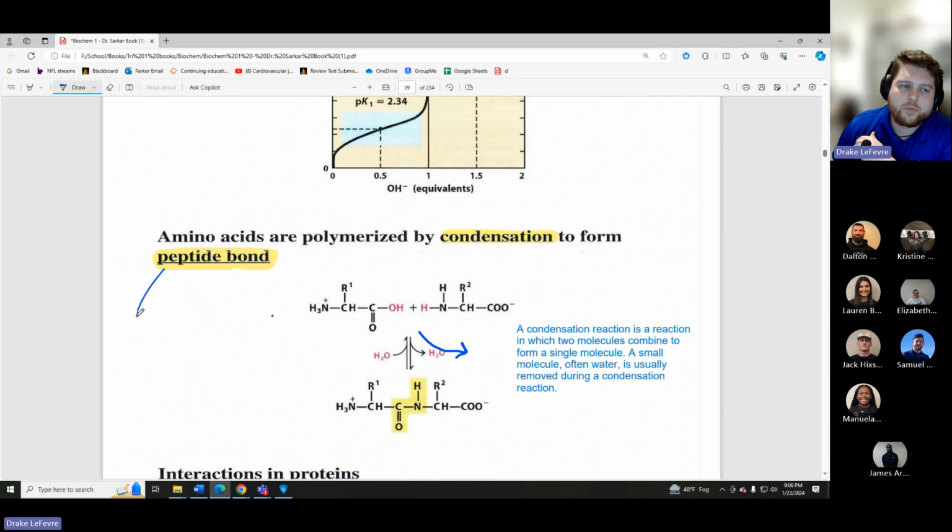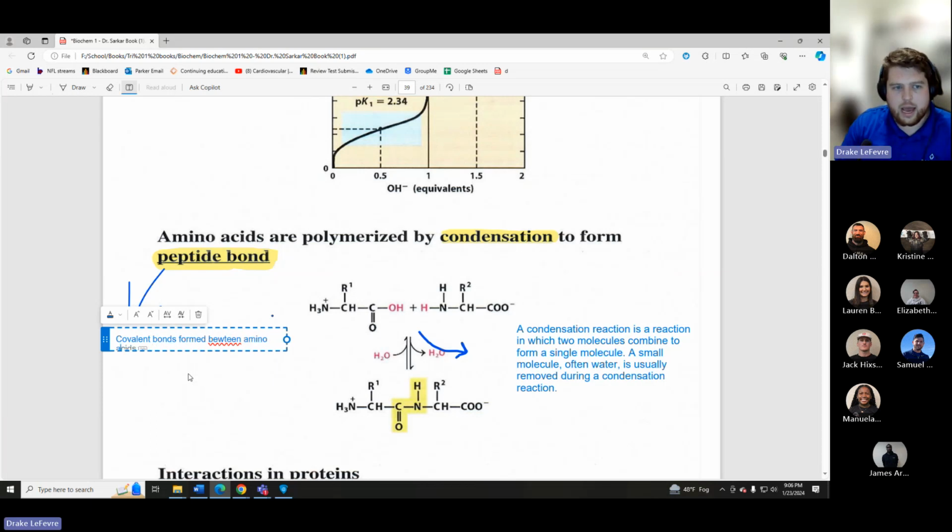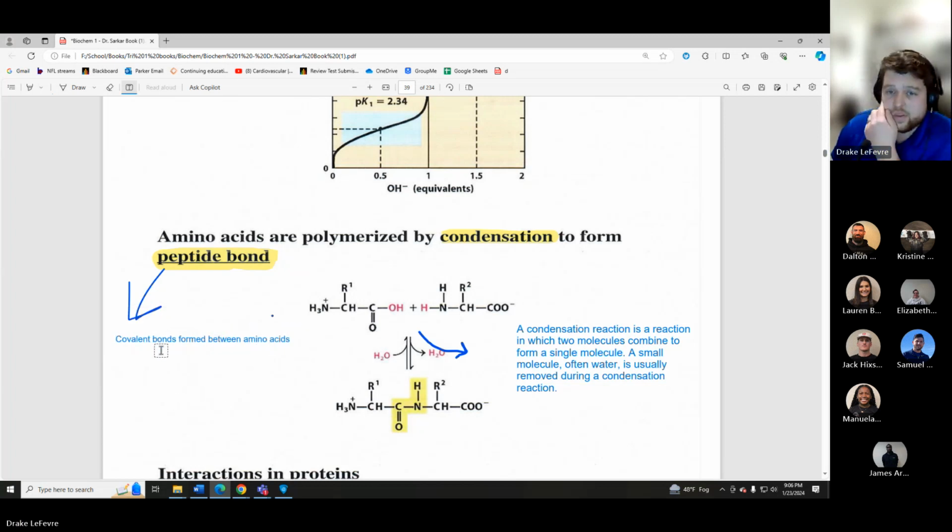Peptide bonds are just a fancy way of saying covalent bonds formed between amino acids. So a peptide bond is a covalent bond.